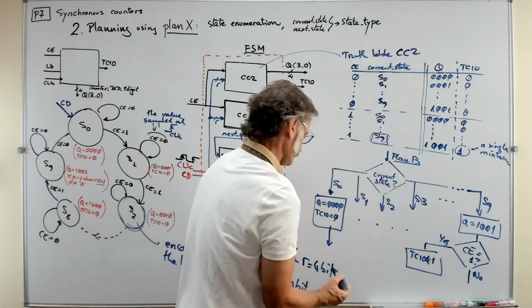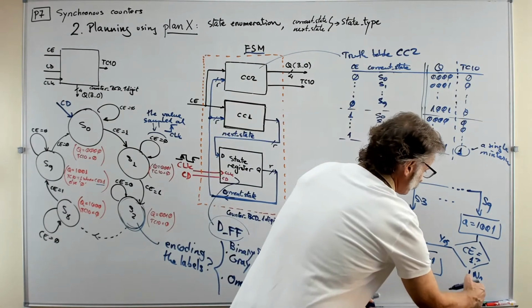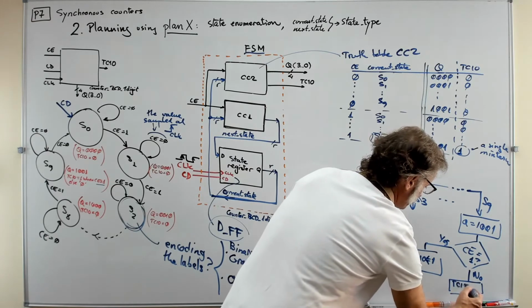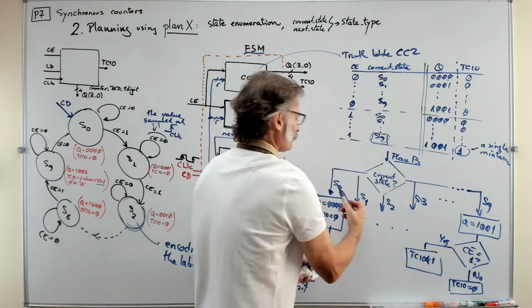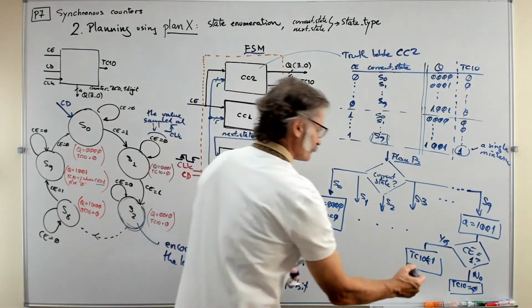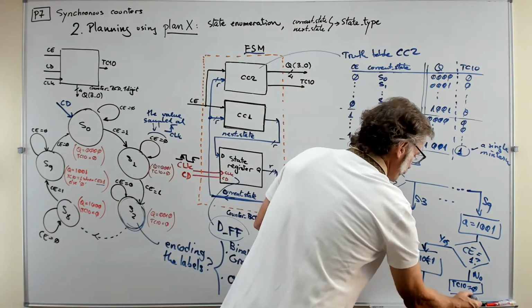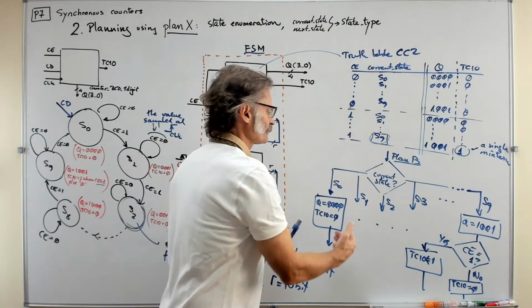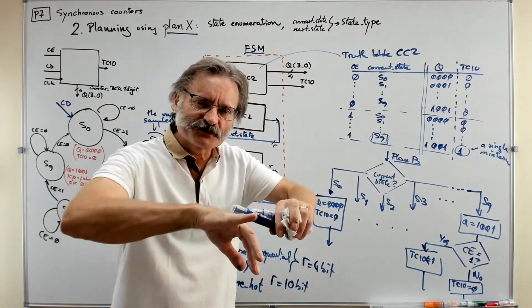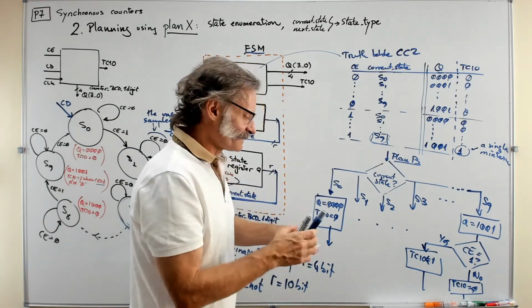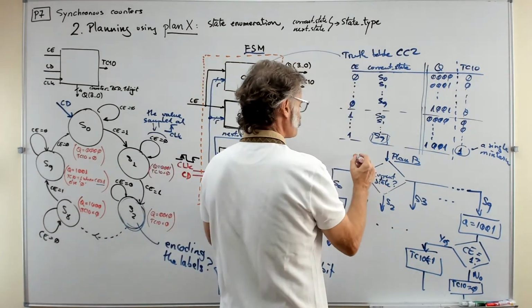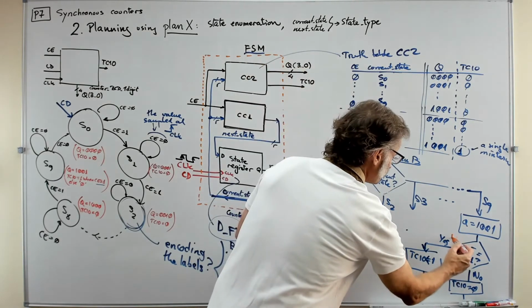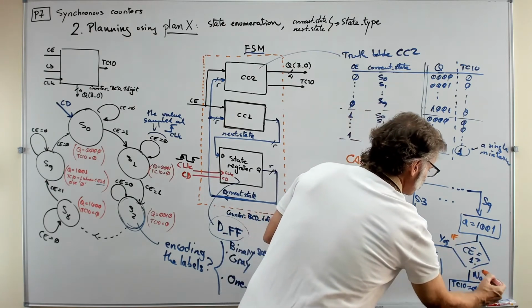But if count enable is 0, you will do this operation, TC10 equals 0, as in many other states and for all other circumstances. So this is a transformation of the truth table of the CC2 into a very simple flow chart, practically subdivided in 10 different states, and this means that here you can use the case statement, and perhaps down there you can use the if and else.